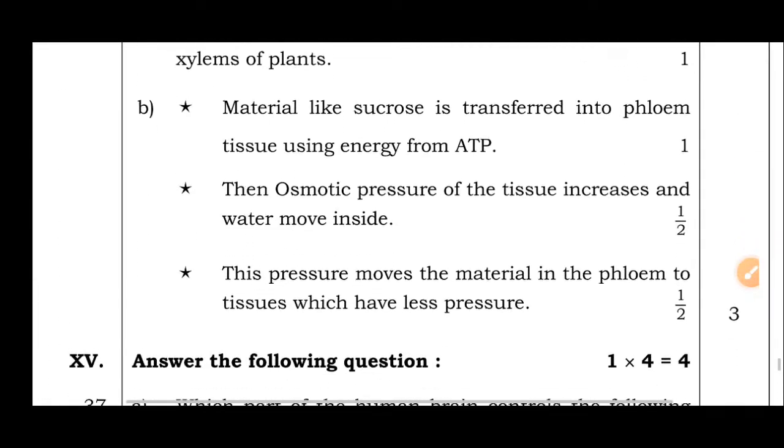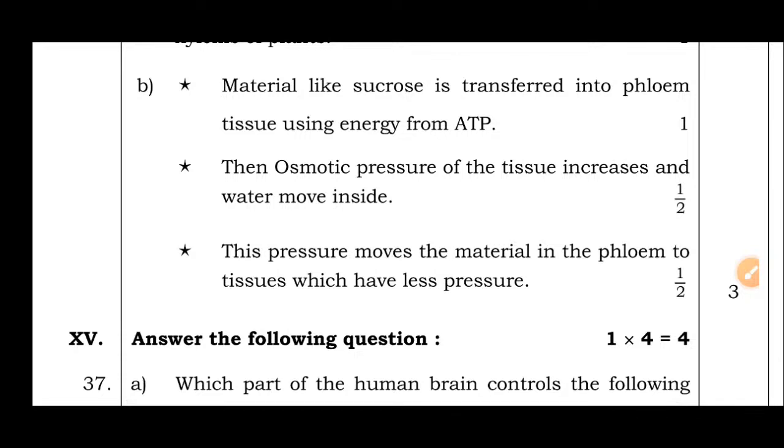Materials like sucrose are transferred into phloem tissue using energy from ATP, adenosine triphosphate. The osmotic pressure of the tissue increases and water moves inside. This pressure moves the material in the phloem to tissues which have less pressure.